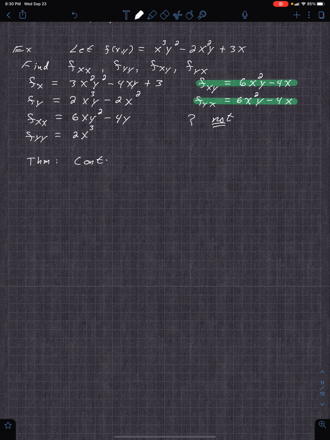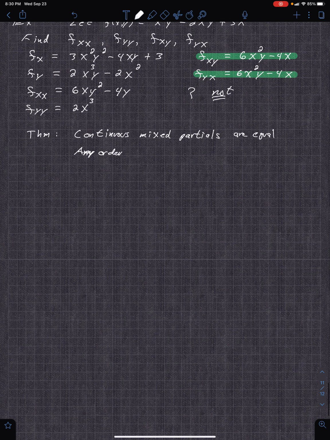So continuous mixed partials are equal, and that is any order. So if you did partial x, y, y, z, as long as you do a partial of x, a partial of z, and two partials of y, they're all the same.